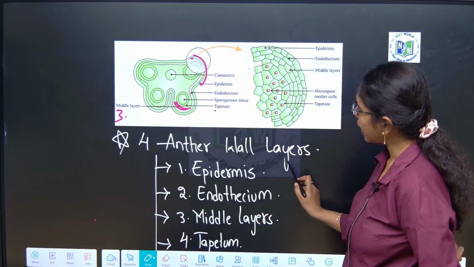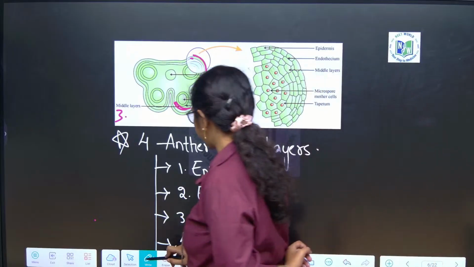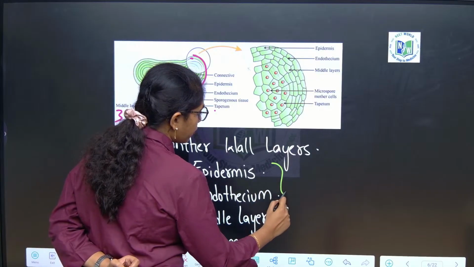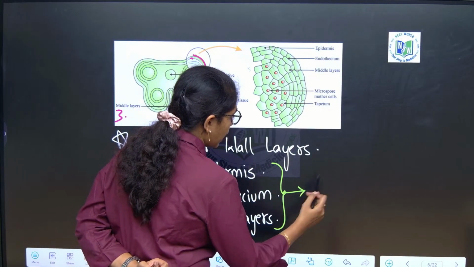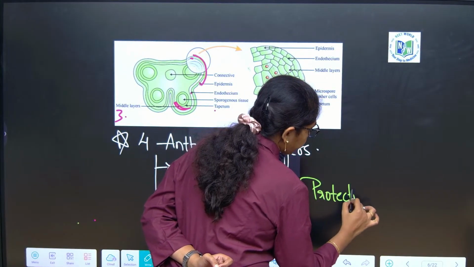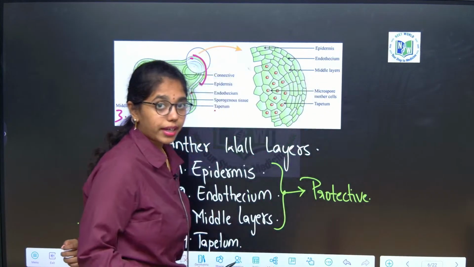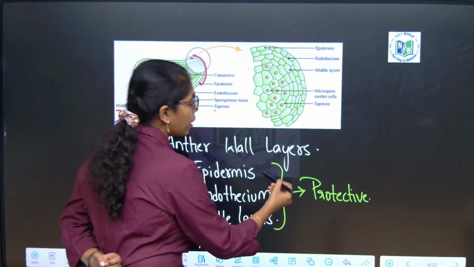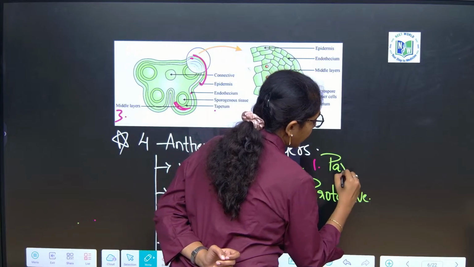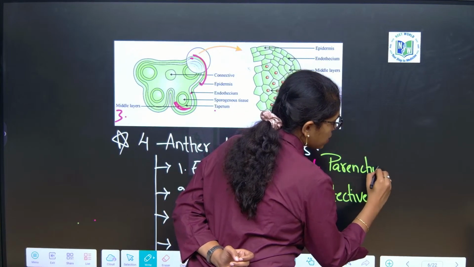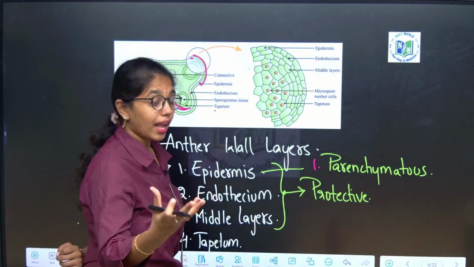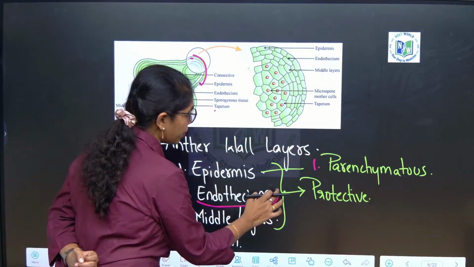All 3 layers, epidermis, endothecium and middle layers, are protective in function. And the epidermis is just single layered. It is made up of parenchymatous tissue. Note it down. Next, coming to the endothecium.